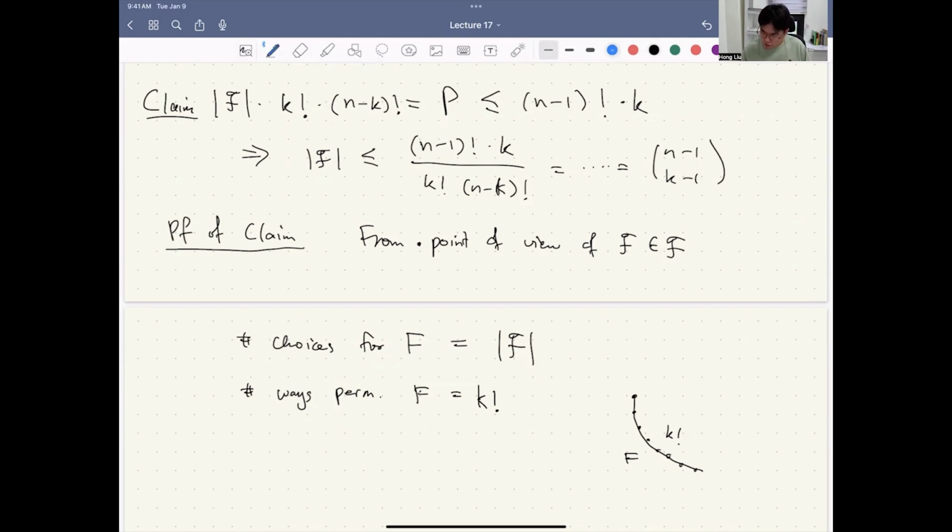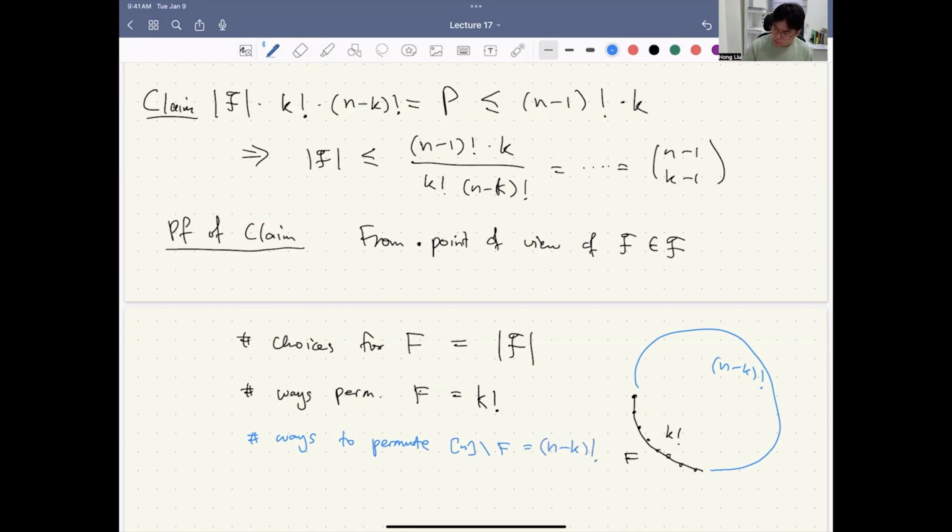After you scramble that, then you scramble the remaining elements n minus k factorial ways. Put these two pieces together, you get the cyclic permutation sigma. And then the number of ways to permute the rest of the elements, which is n minus k factorial.